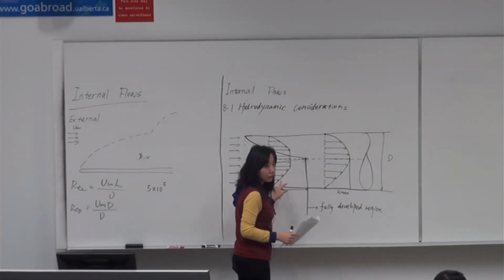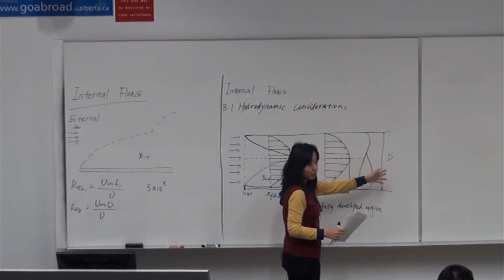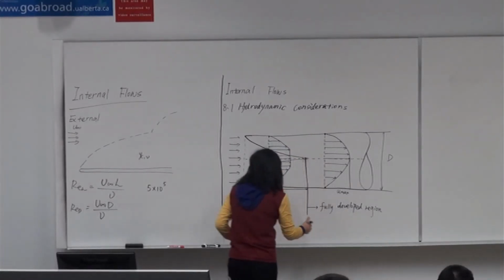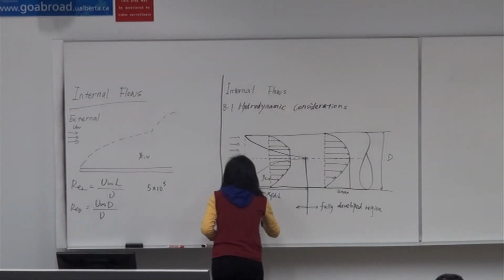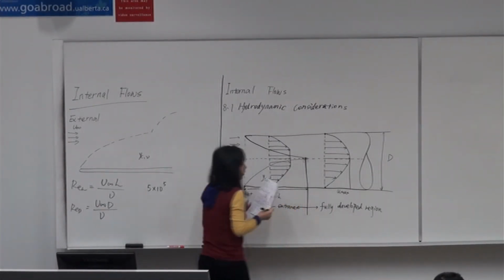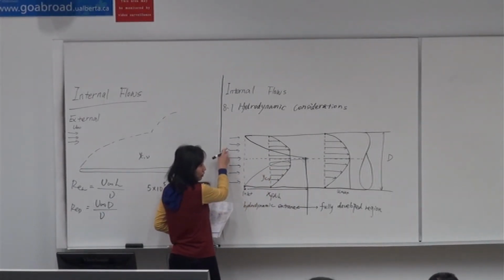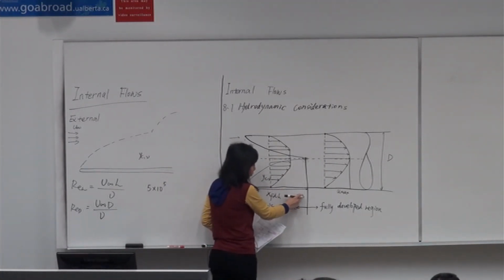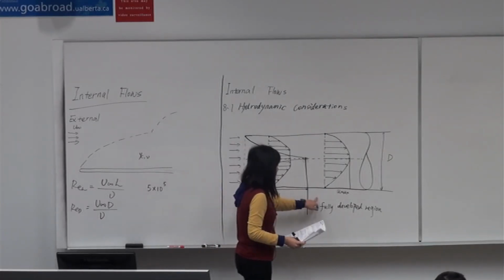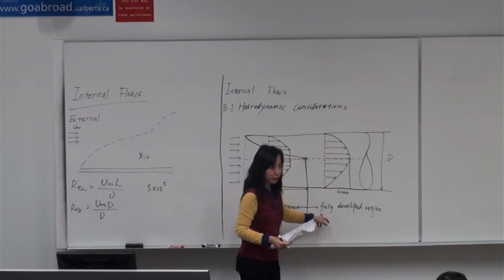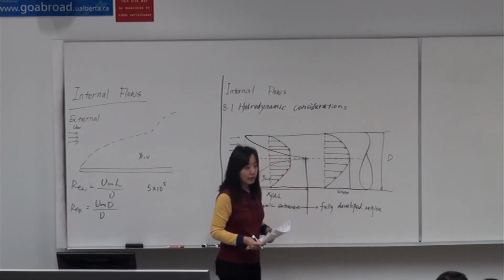After this, the velocity profile is fully developed as a parabolic shape, and it keeps unchanged along the length of the tube. So we term the earlier region the hydrodynamic entrance region, where the velocity profile keeps developing, because at the inlet it's uniform. Once we reach the fully developed entry length, we enter the fully developed region, where the velocity profile remains parabolic and unchanged.